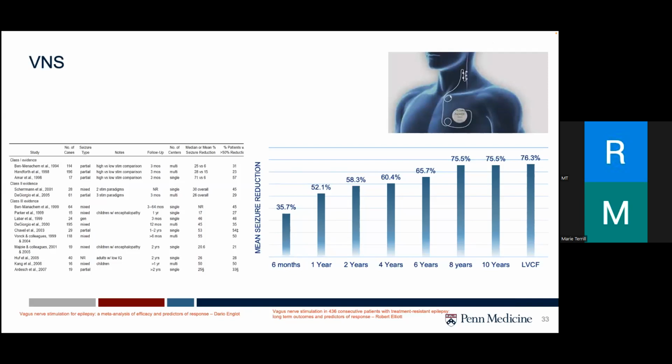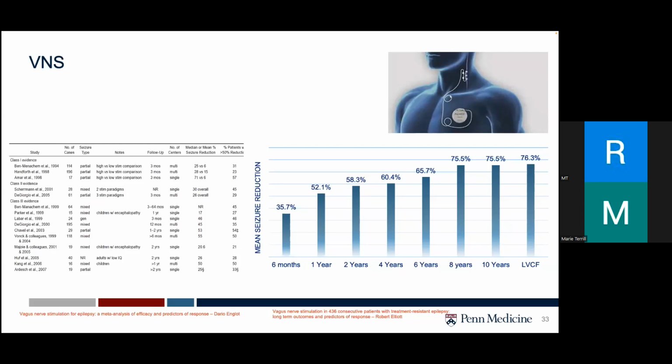Now, VNS has evidence for broad spectrum use in generalized, focal, and syndromic epilepsies. The effectiveness has been demonstrated in clinical studies and real world experiences. To the left is probably the largest meta-analysis, from Dario Englot, that looked at 74 clinical studies and reported a 50% reduction after more than 1 year of therapy.